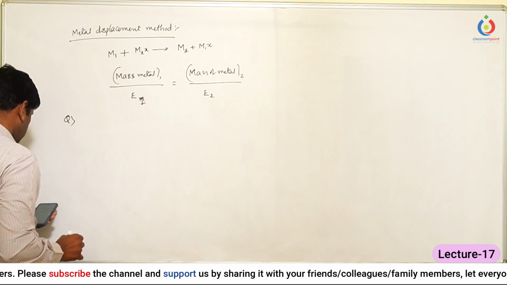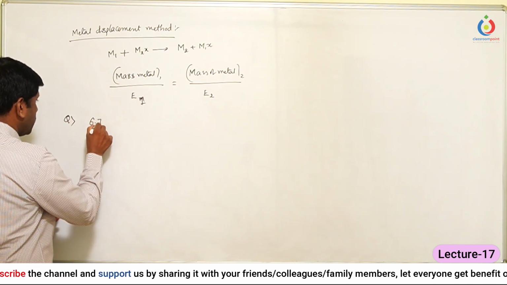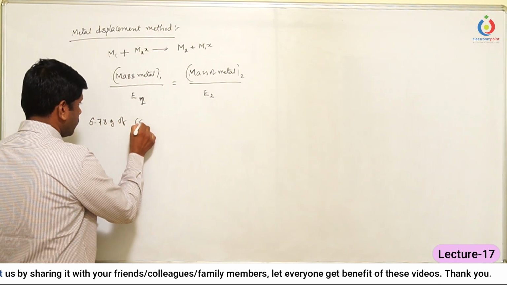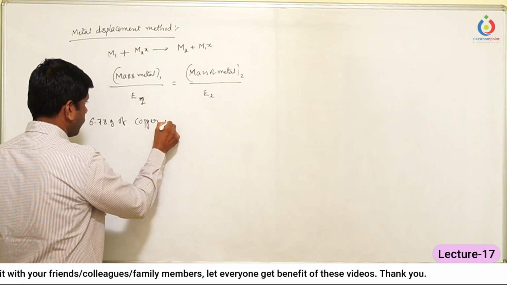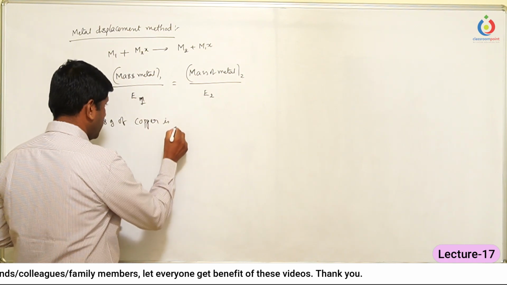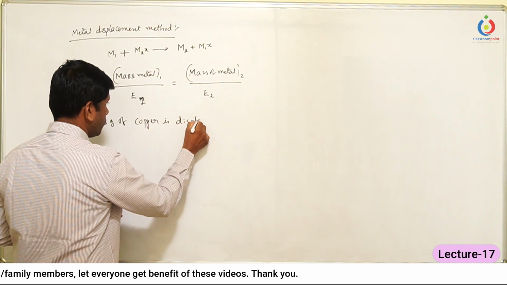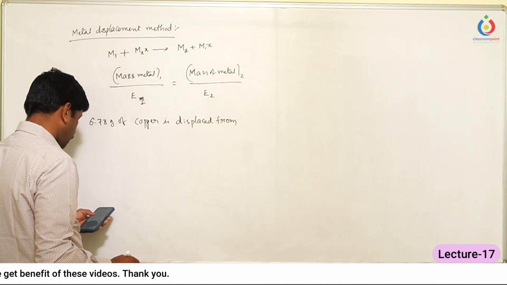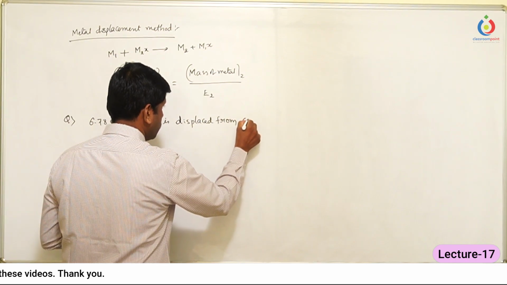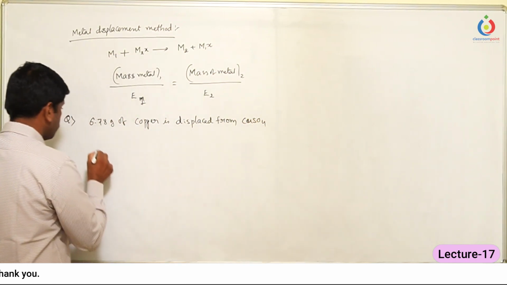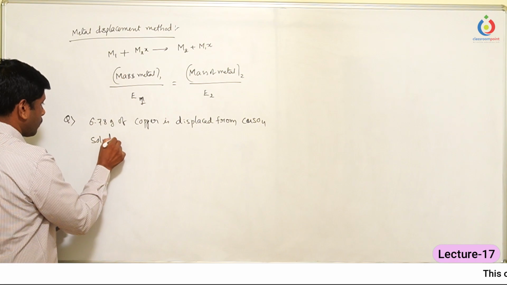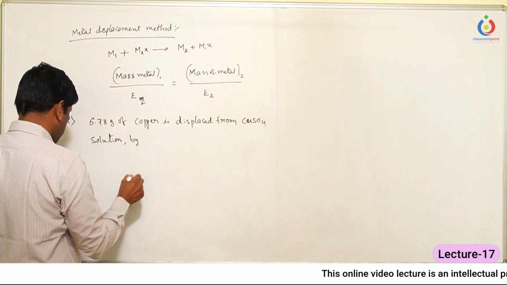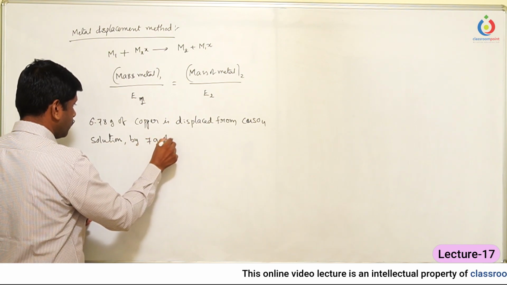So the question is: 6.78 grams of copper is displaced from copper sulfate solution, CuSO4 solution, by 7 grams of zinc.